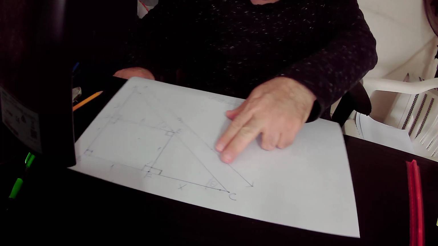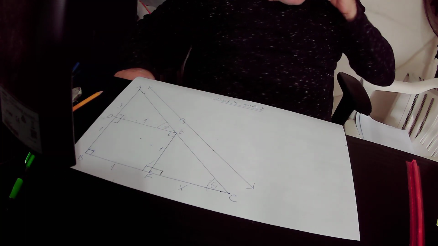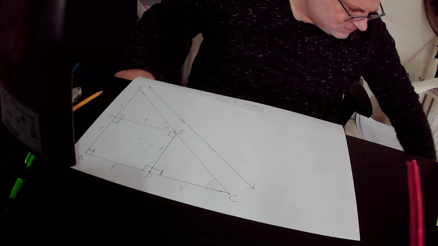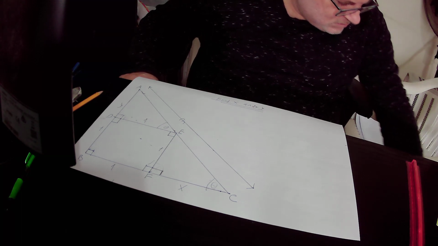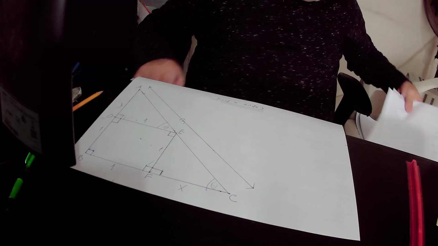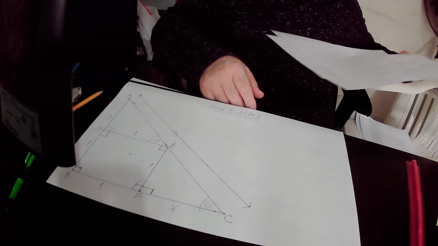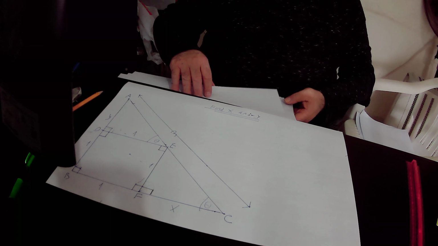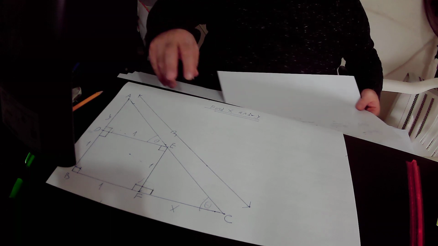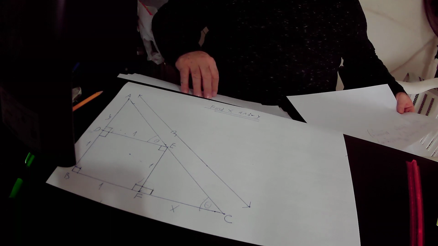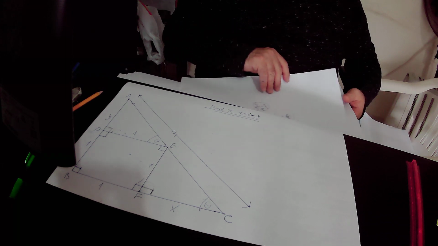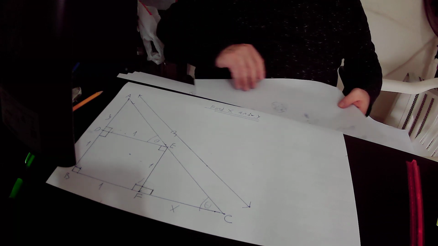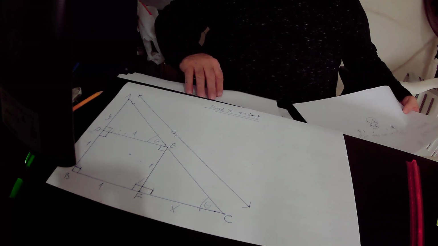We actually wanted to find out the value of x and y, and we have here square DBEF. One side of square DBEF equals to 1 unit.